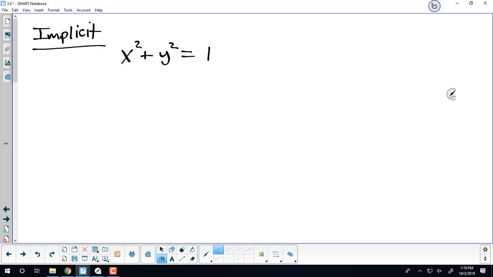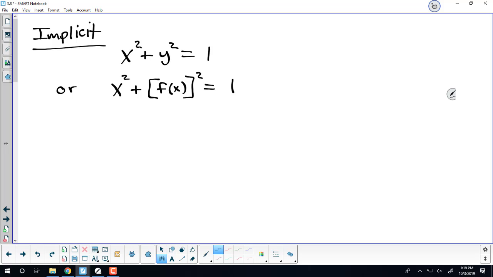We've already alluded to how we're going to take the derivative with the piece involving y. Another way to think about this is that we have x squared plus y, which is some unknown function of x. From what we just did, we already know what that function of x is: positive or negative root 1 minus x squared.